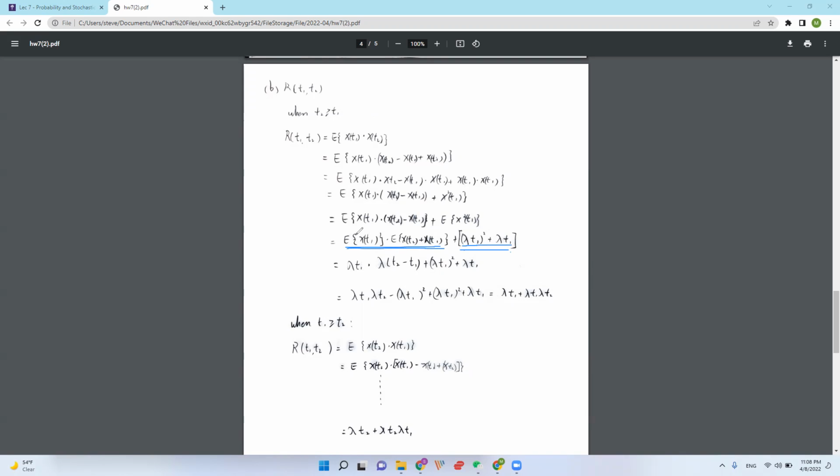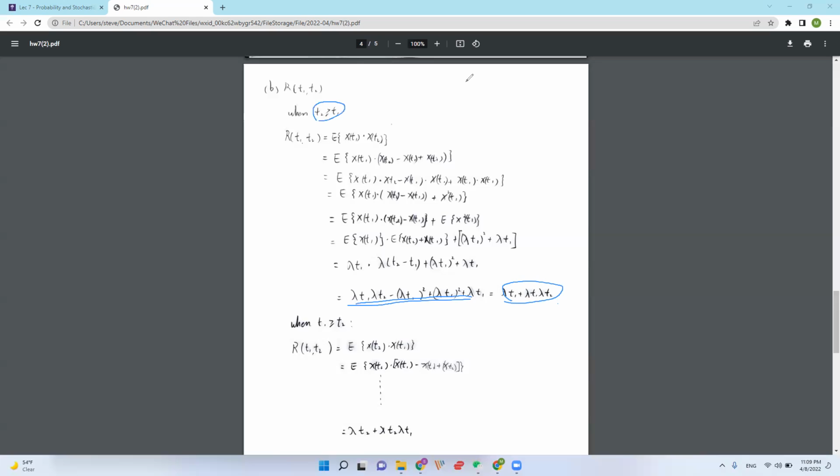To further solve this down, we have this equation. By multiplying this thing to this thing, outside we have a negative lambda squared t1 squared and a positive lambda squared t1 squared, which is right over here. So that's why we need this. Solving this equation, we get this part. So this is the case when t2 is larger than t1.